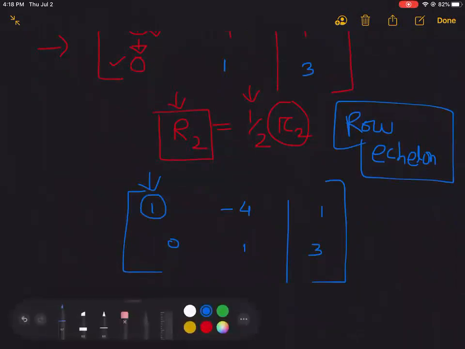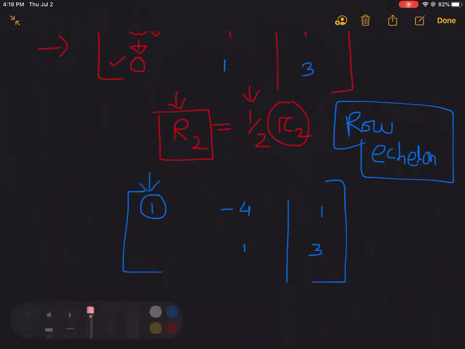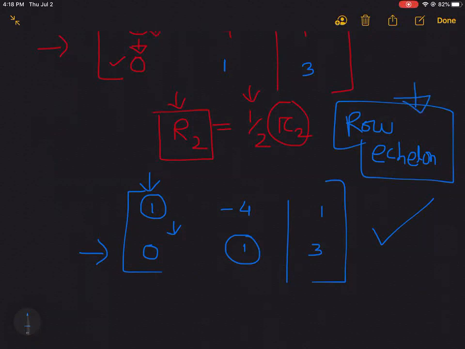Any value below that is 0. And in the second row, the first non-zero element is 3, is 1 rather. So clearly it's the row echelon form. So that's how we operate row operations to get the row echelon form.